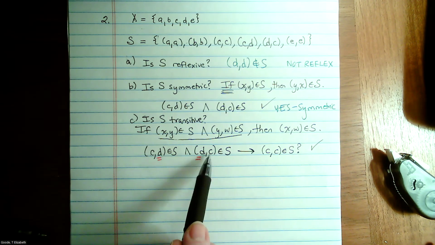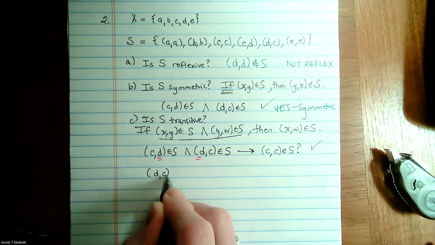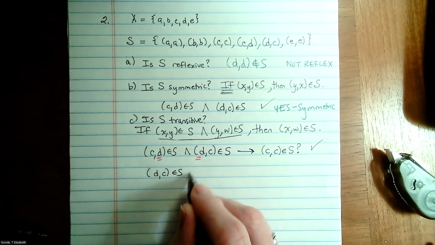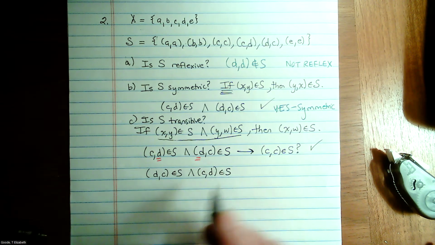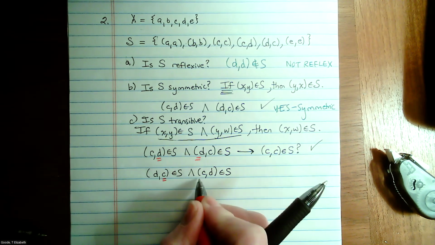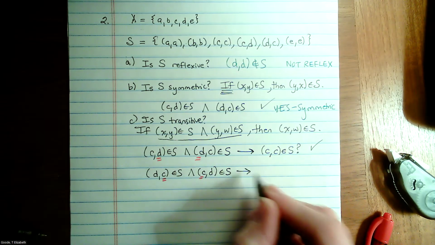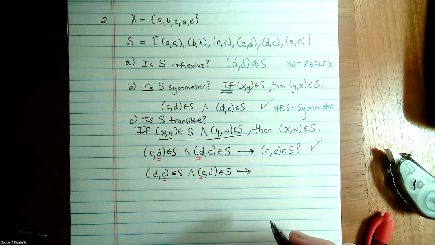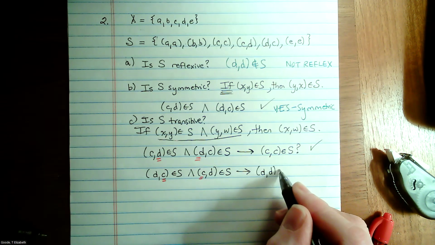But these two ordered pairs could be written in the other order. If we write it in this order, we're crossing over on the C. What do we need to have in S? DD. Do we have DD in S?